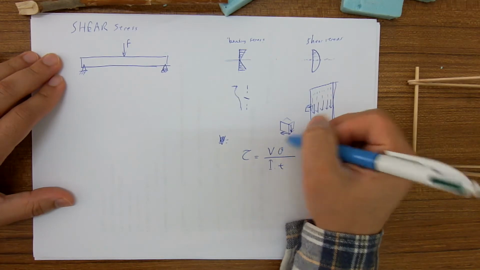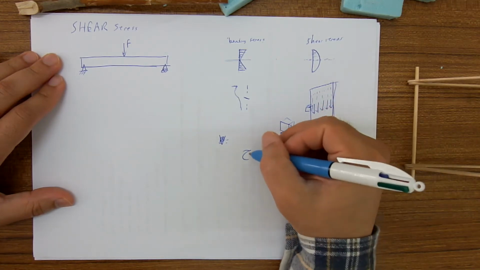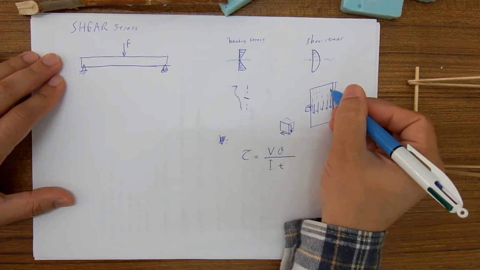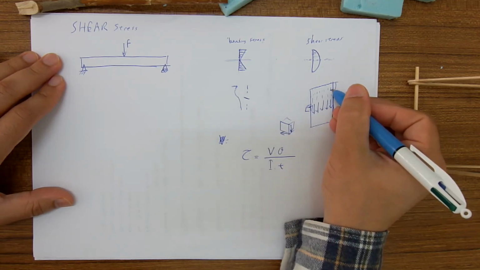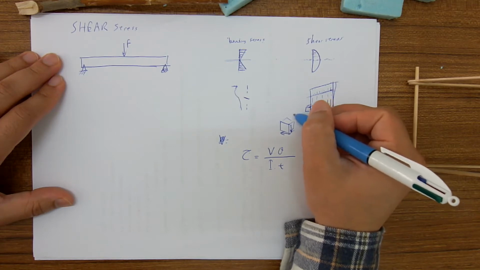So where is this? If you want to look at the tau shear stress at this point, you plot a line, okay? Plot a line parallel to the neutral axis.